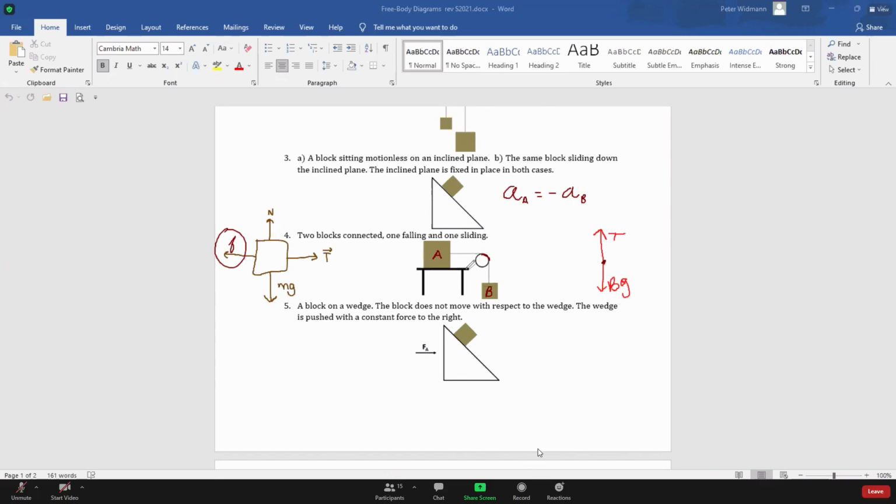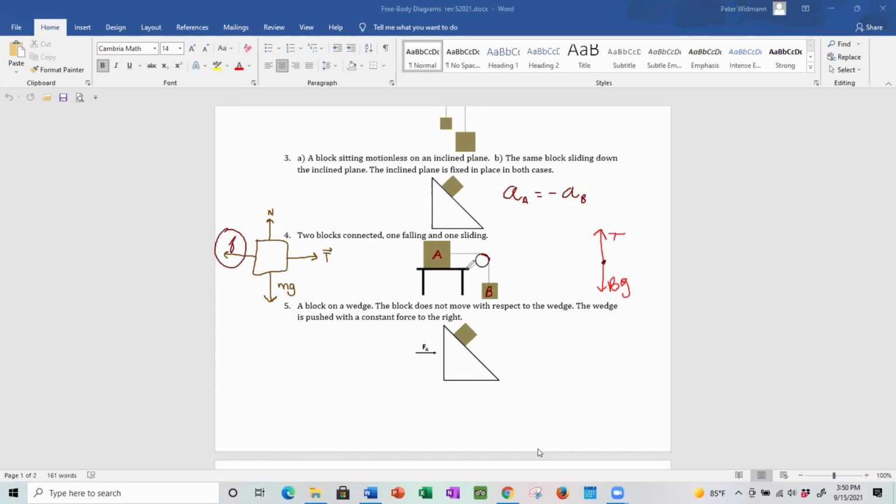Yeah, it's moving horizontal. So is it accelerating in the Y direction? No, we're calling that X. Horizontal is X, Y is vertical. So is it accelerating in the vertical direction? No, only horizontal.